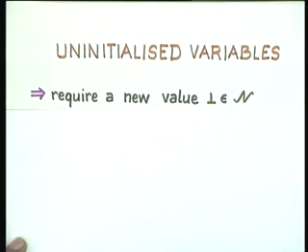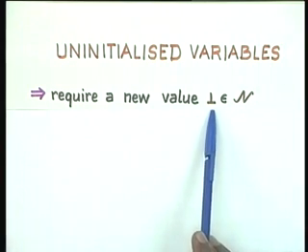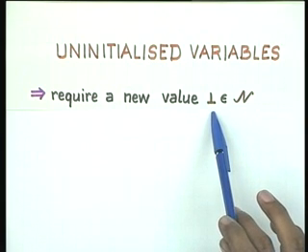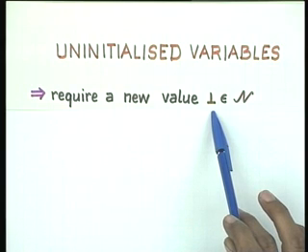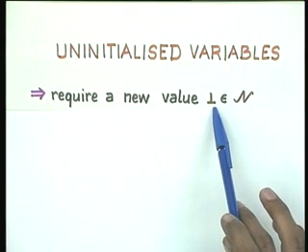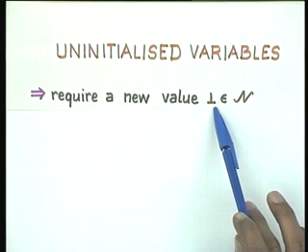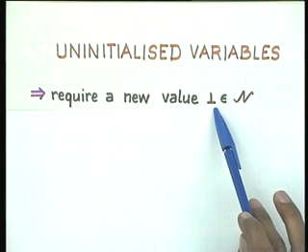Most languages would just handle it implicitly; this is not absolutely essential. For example, languages like Fortran, which do not require declarations of variables, actually take an initial value to be 0 if it is an integer variable, and 0.0 if it is a real variable.